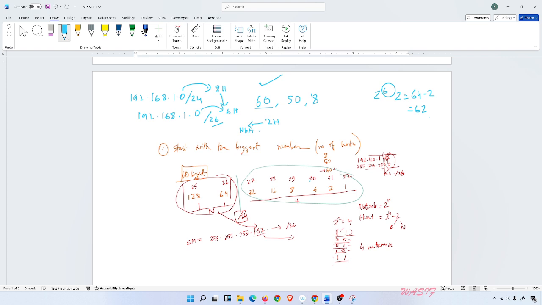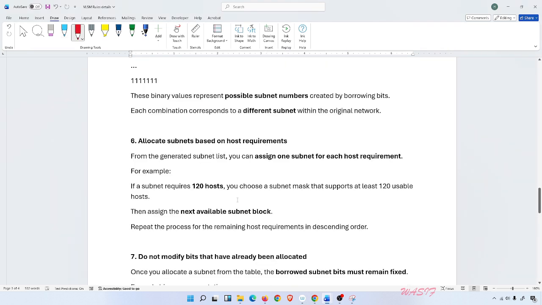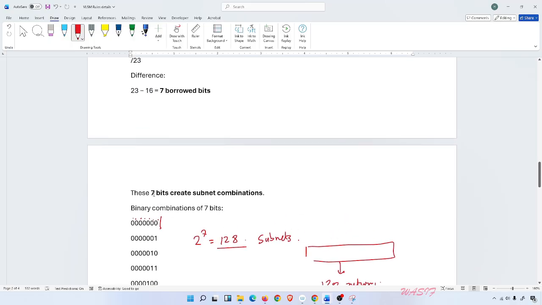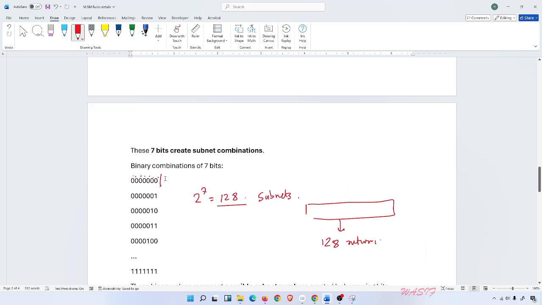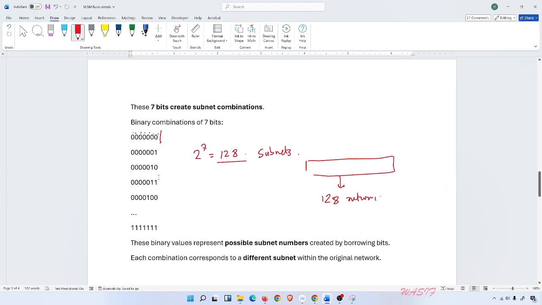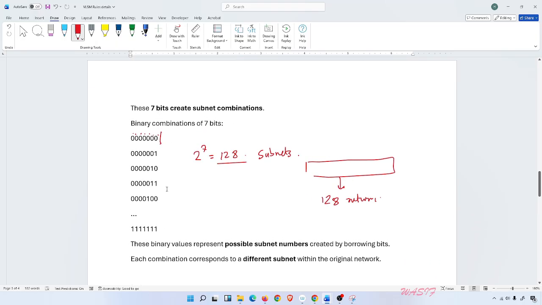When you give 2 host bits to the network bits, what happens? With 7 bits, you can create 128 combinations.